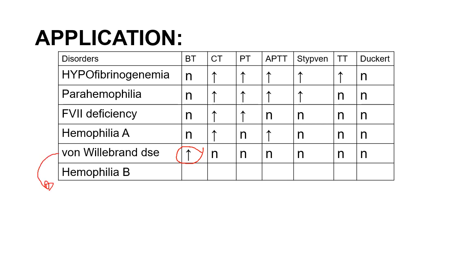Von Willebrand is actually disease of von Willebrand factor, which adheres in your GP 1B, 1B, 5, and 9. Right? And kasama to sa ating platelet adhesion.